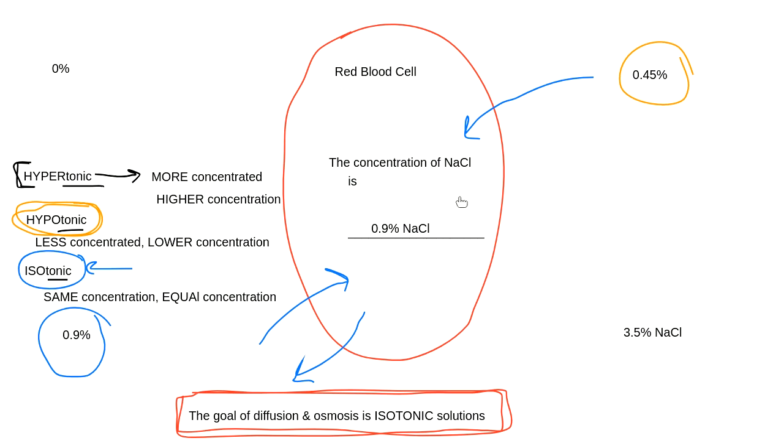If you remember some of the pictures in the notes, that causes this cell to potentially explode. If it gets a ton of water inside of it, it might explode. So if I put a 0.45% saline solution around your red blood cells, they might swell, or they might expand to the point where they would burst.